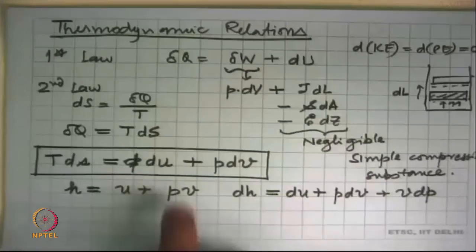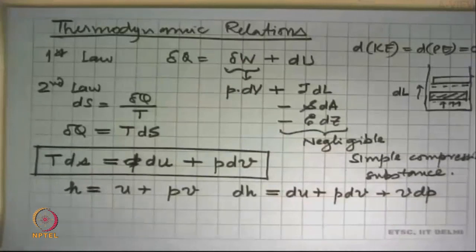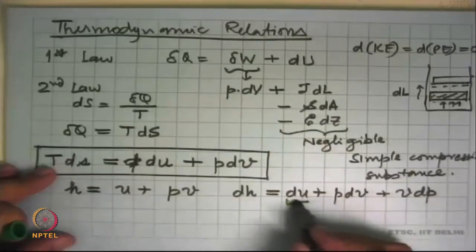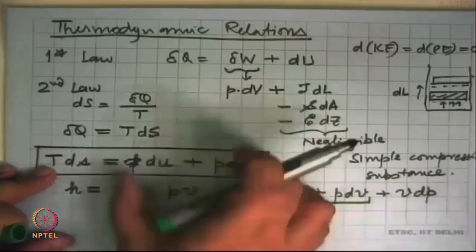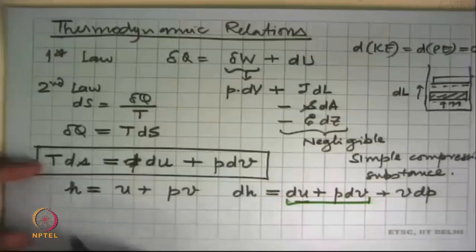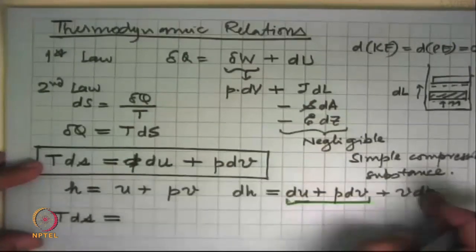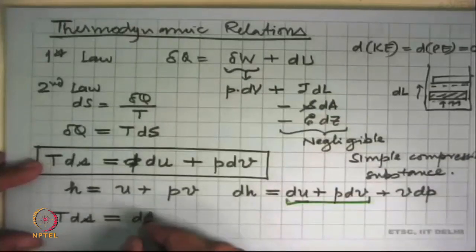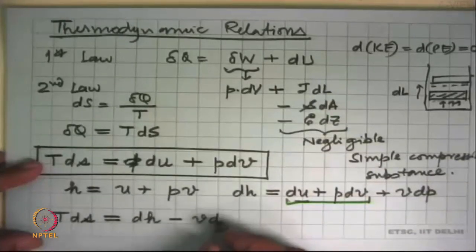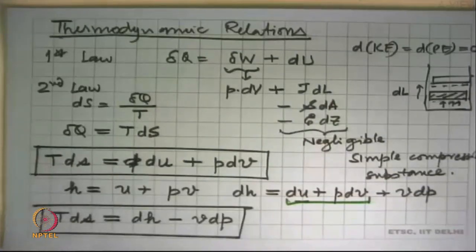If you look at it, this is dU plus PdV, and in the earlier equation also we got dU plus PdV. So we can substitute that, and we get the next equation we are looking for, that T dS is equal to dH minus VdP. So this is the second of the equations that are of interest to us.